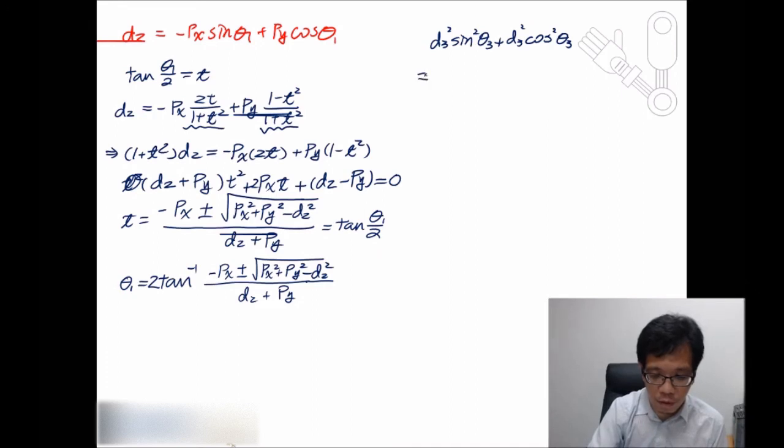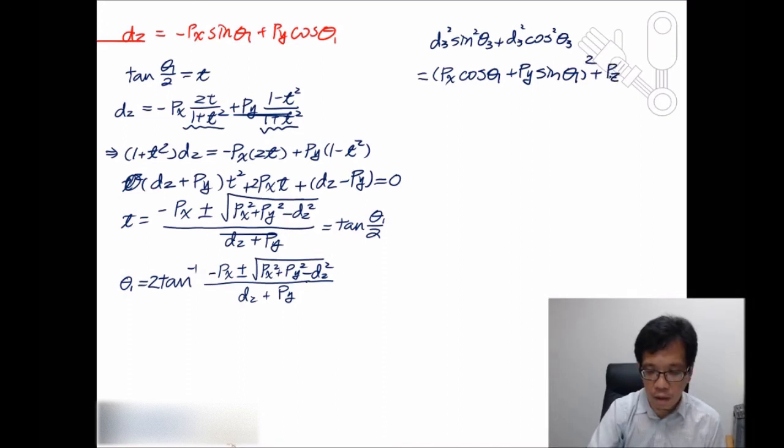this one is going to be px cosine theta 1 plus py sine theta 1 square plus pz square. This part over here, since I have sine square and cosine square, add them together is going to be 1.